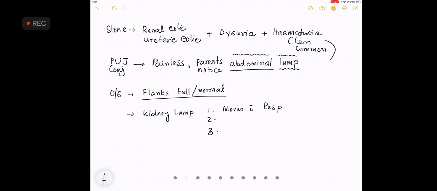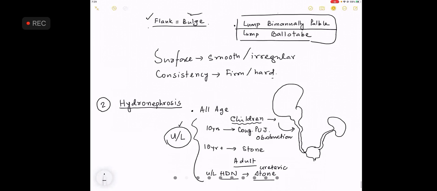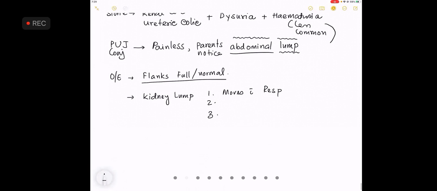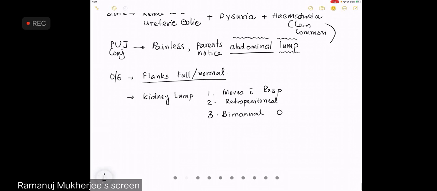What is the second point that I told you in a renal lump? Bimanually palpable. It is retroperitoneal, and as you have very rightly said, it is bimanually palpable.